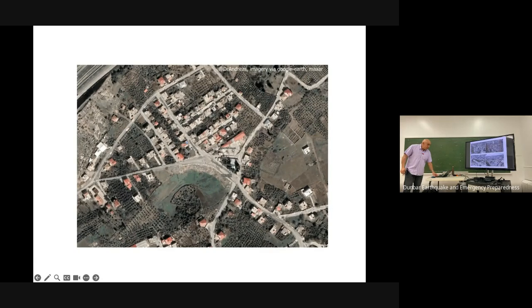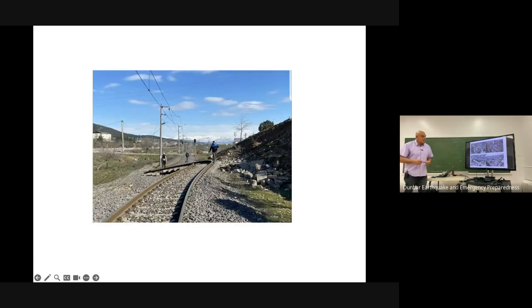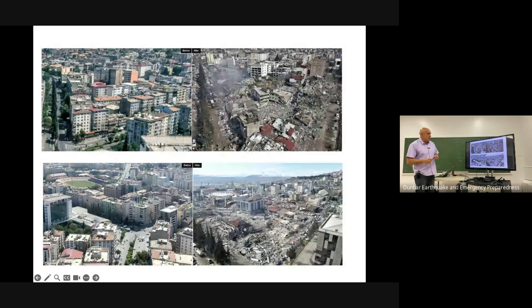Okay, now this is perhaps the most impactful effect because we have photos of the city before and after, okay? Before and after, and you see all the destruction. Why have these buildings collapsed and this one has not, okay?